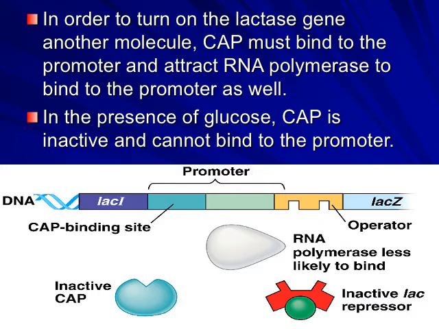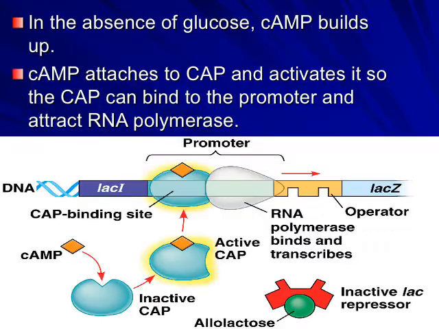This is pictured on page 367 of your books. In the absence of glucose, cAMP builds up. It attaches to CAP and activates it so the CAP can bind to the promoter, and then that attracts RNA polymerase.